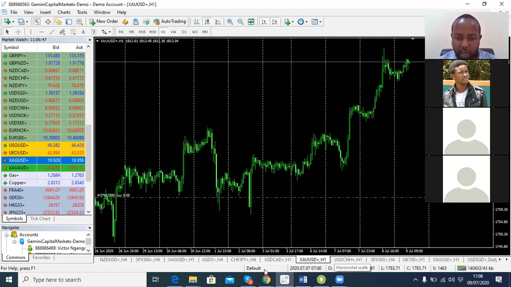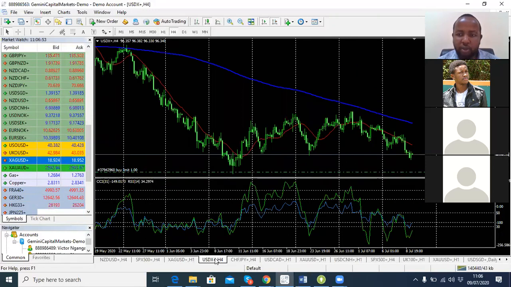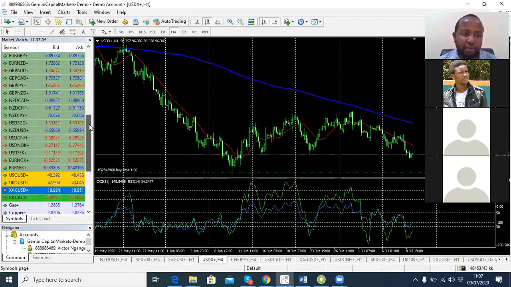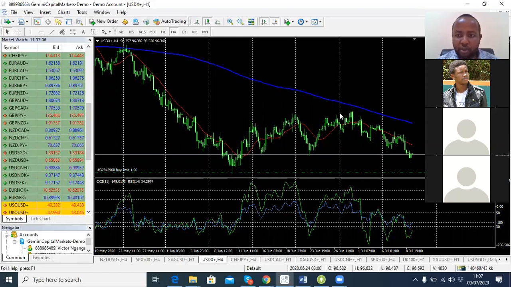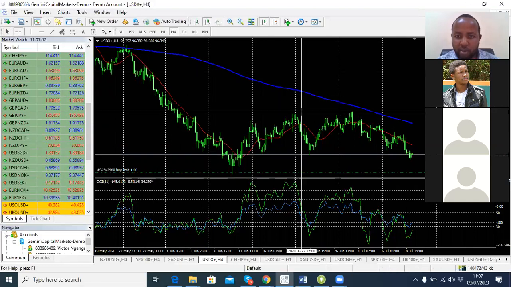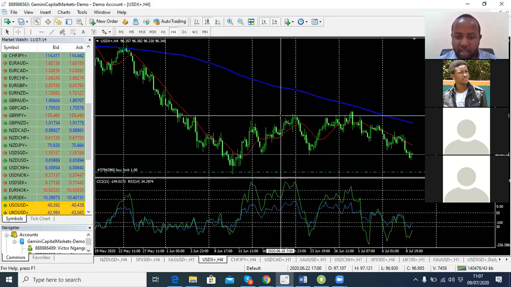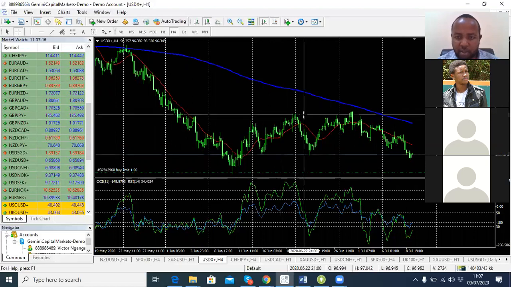Now we look at the dollar, because there's something we call intermarket correlation. Now you can see the opposite happened. This is the USD index, which basically represents anything with the dollar as the base. That includes USDCHF, USDJPY, and the rest. So you can see Thursday, Wednesday, Tuesday, Monday. I'm seeing the dollar has been losing since Monday. Is Monday around here?